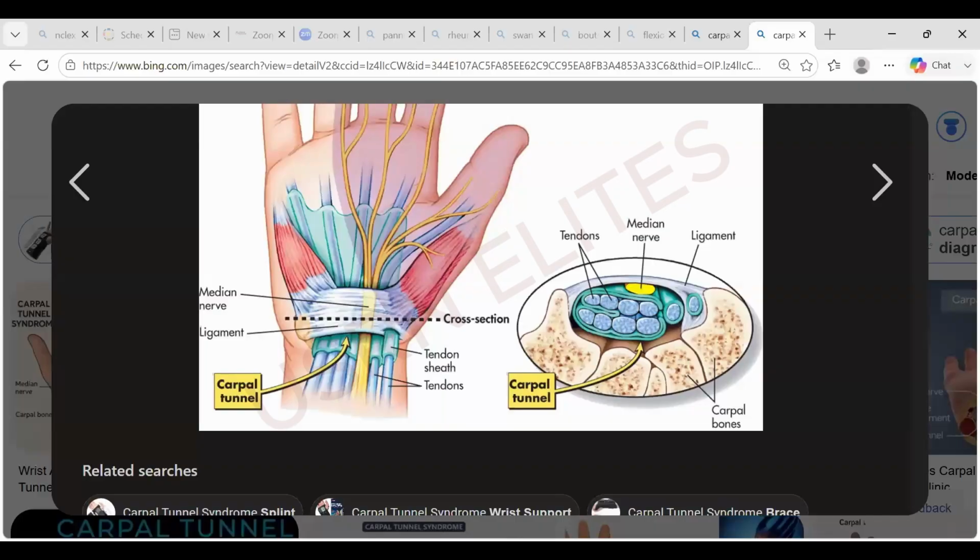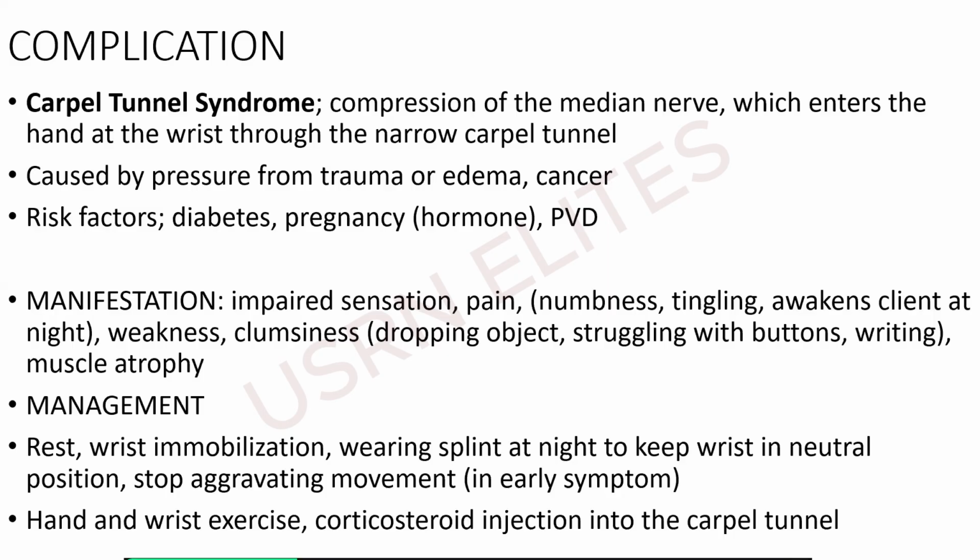So that is the same thing. So once there's rheumatoid arthritis, supposing it's affecting the wrist joint, together with inflammation of the vessels, what is going to happen is it is going to cause constriction of the median nerve. All right.